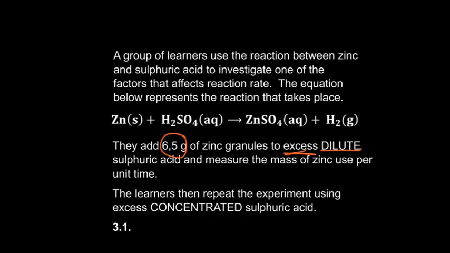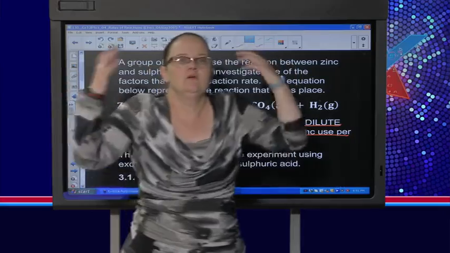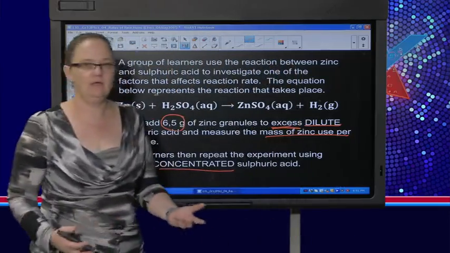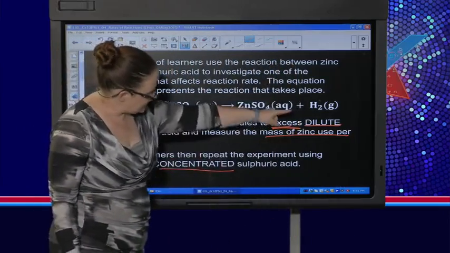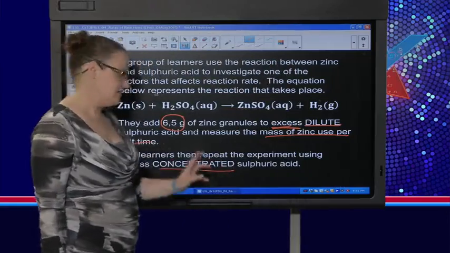So here they're giving us how we're measuring it. The learners then repeat the experiment using excess concentrated sulfuric acid. So what did they change? The concentration. Okay? How do I know that? Because I went from dilute to concentrated, still in excess.